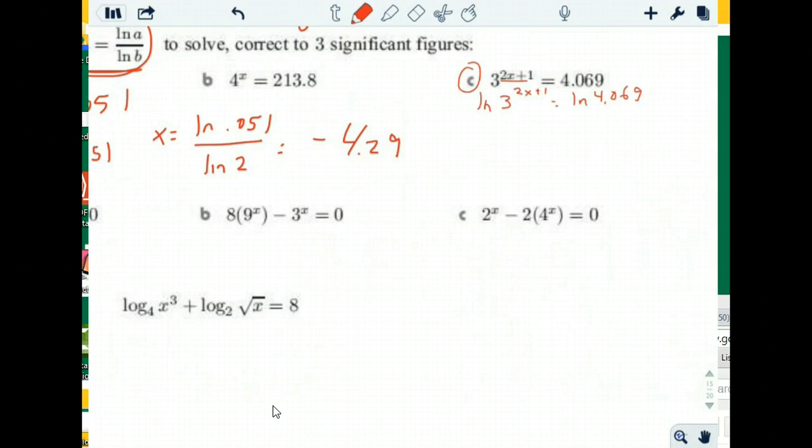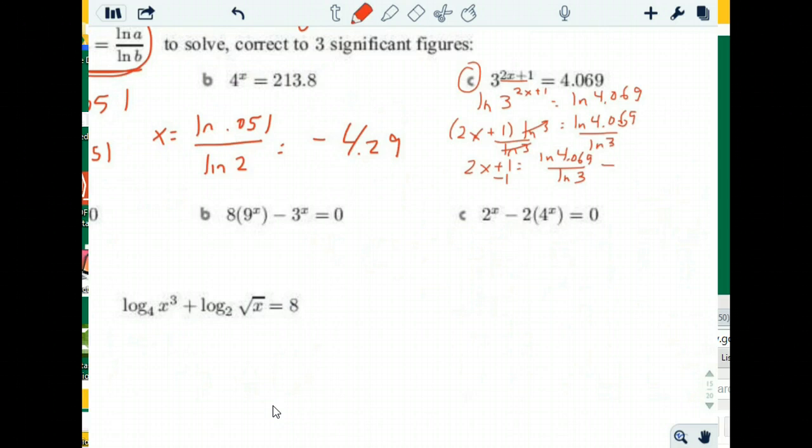And then that means that we can take the exponent and multiply it out front. 2x plus 1 times log of 3 is equal to log of 4.069. And then we can divide both sides by natural log of 3, which helps us to isolate the x. Now we have 2x plus 1 equals log of 4.069 divided by natural log of 3.